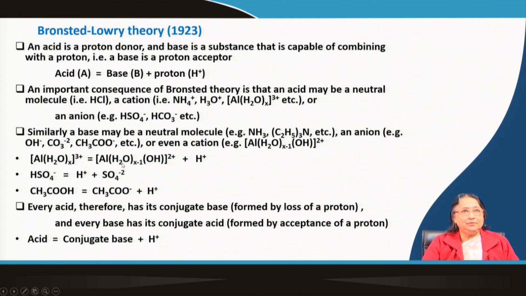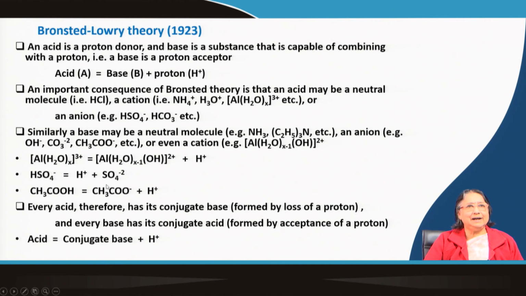And anion, say for example, OH minus, it can take up a proton to form the water molecule, so it is a base. Even a cation, say for example, this type of complexes which can take up a proton to give back this one, you can see here. So, this property also can be explained by this Bronsted-Lowry theory.